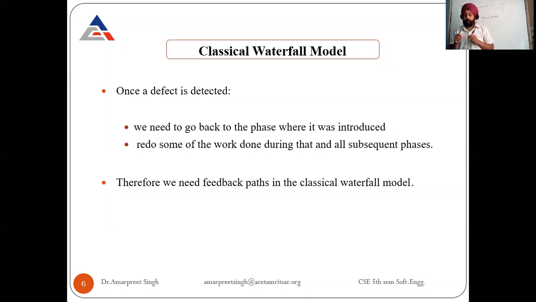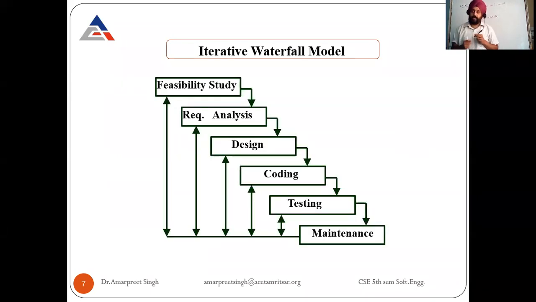We have found some defect, some error, so there should be a feedback path in the classical waterfall model. This need gave rise to a new waterfall model, known as the iterative waterfall model.